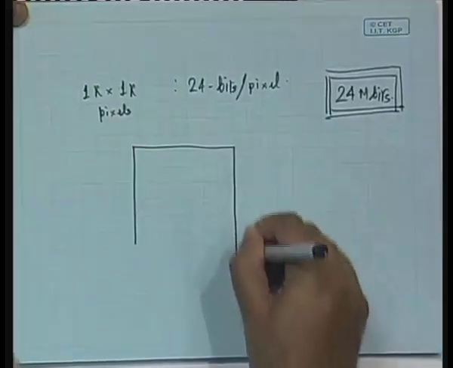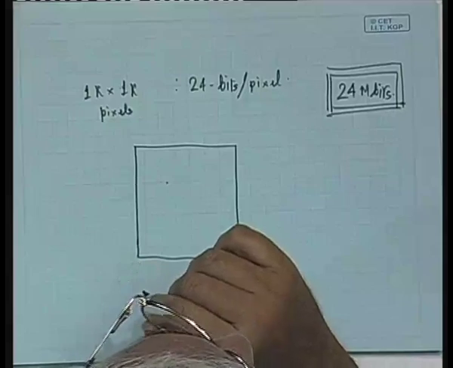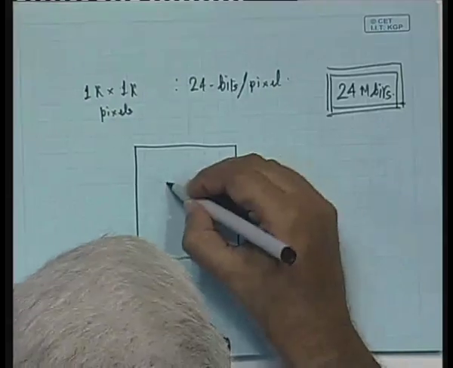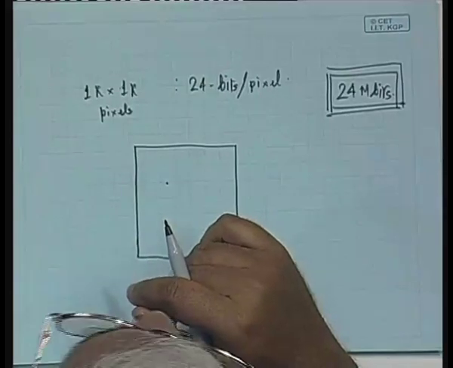Redundancy in the sense that if you take a pixel anywhere in the image, you will find that this pixel is highly correlated in its intensity value with all its neighbors.